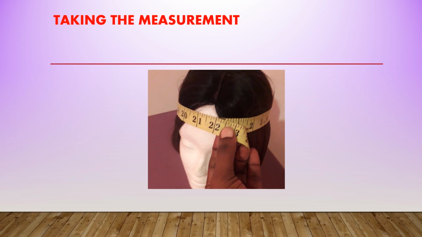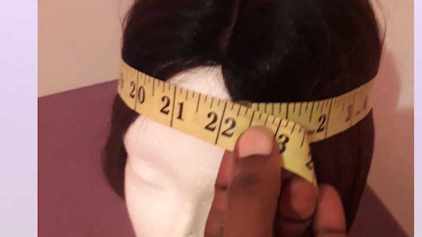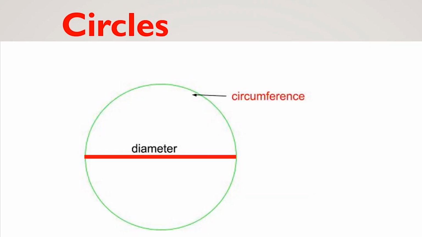As you can see, the measurement around the head of this mannequin is 22 inches. So once we know the circumference of the circle is 22 inches, we need to find the diameter of the circle. And the reason why we need to find the diameter is, if you think about it, it is easier to measure the diameter of a circle than trying to measure the circumference of a circle.